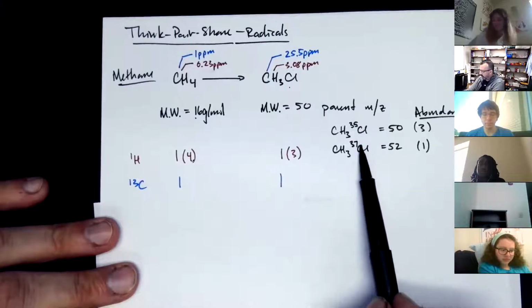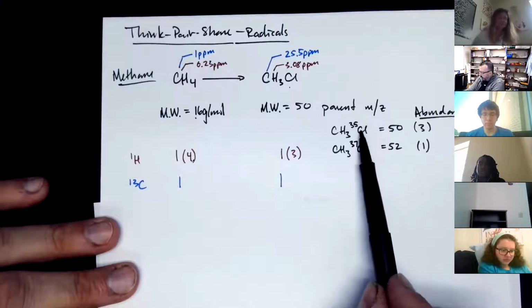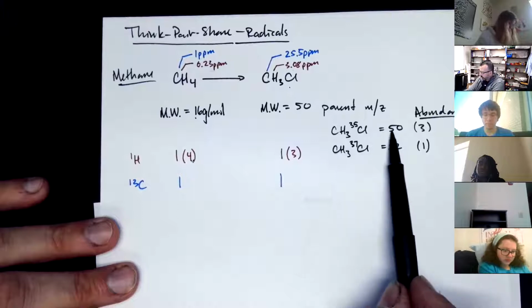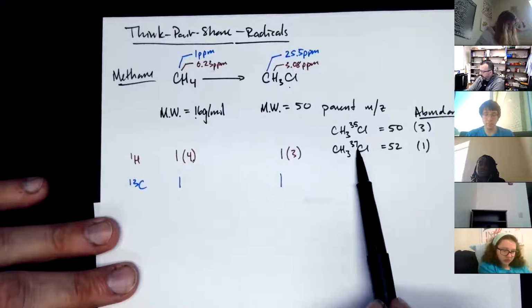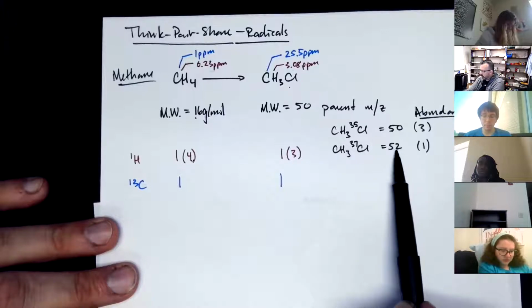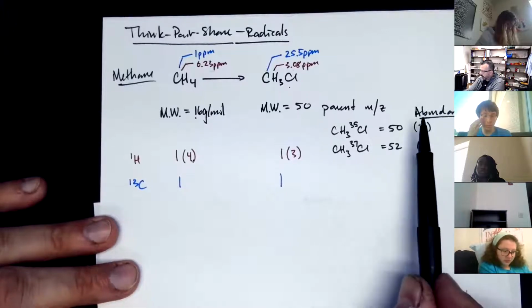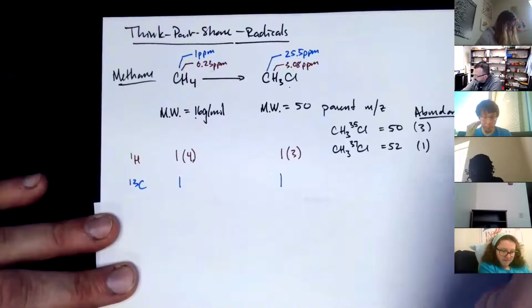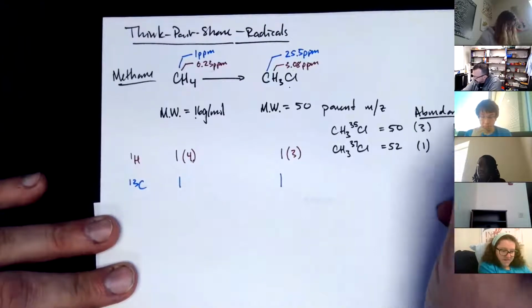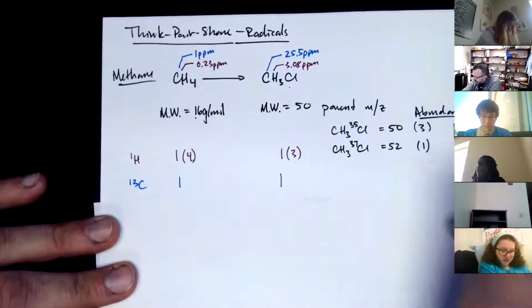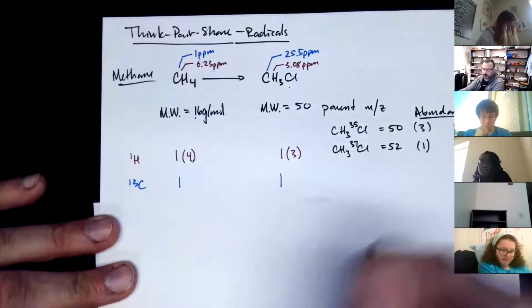These are isotopes of one another. When you incorporate chlorine 35 into this molecular formula, the molecular weight is 50. Chlorine 37 into this molecular formula is 52. And you will see a ratio of 3 to 1 in the parent. So remember what that means. If that's your 3, then this is sort of your 1, 3 to 1.